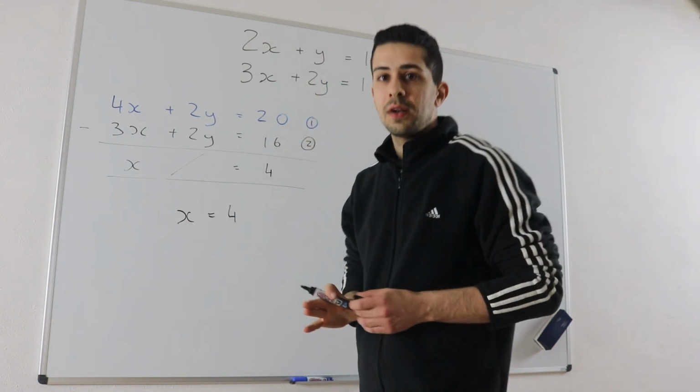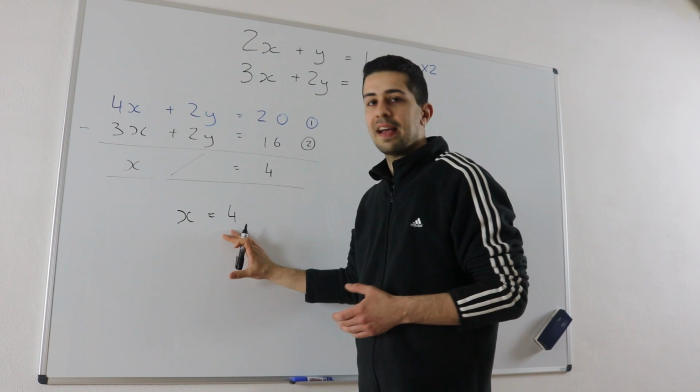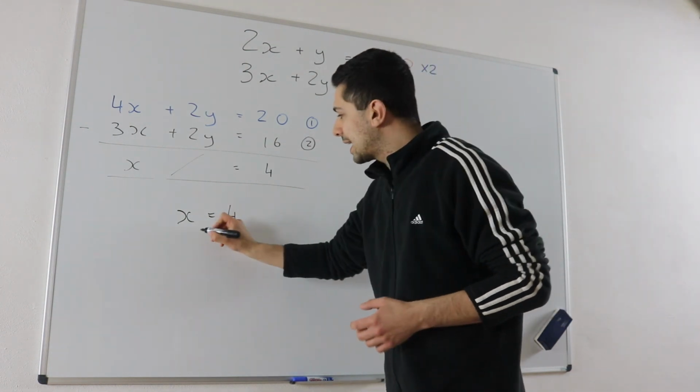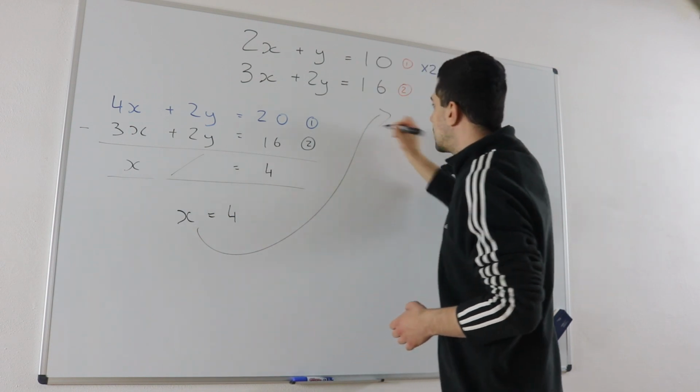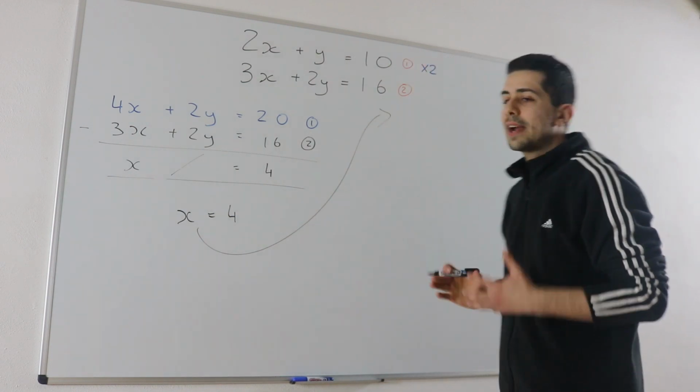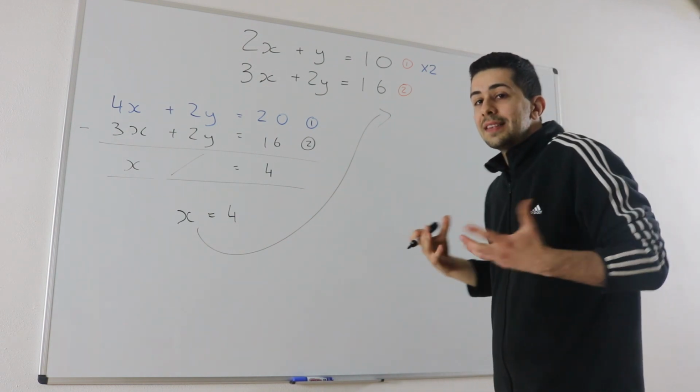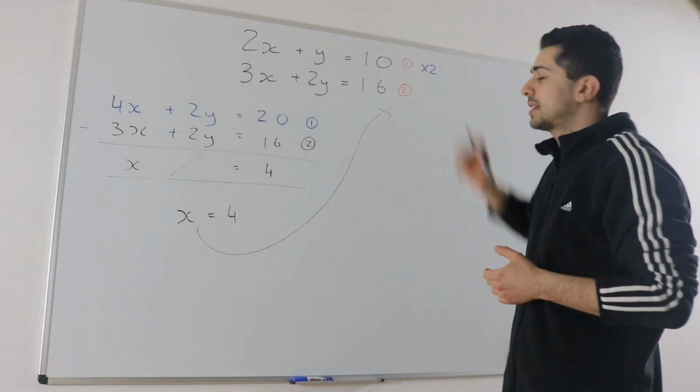Once I have found one of the variables, in this case x, I can then substitute x equals 4 into one of the equations above. I can choose whichever equation I want to, and in this case I'm going to choose the first equation.